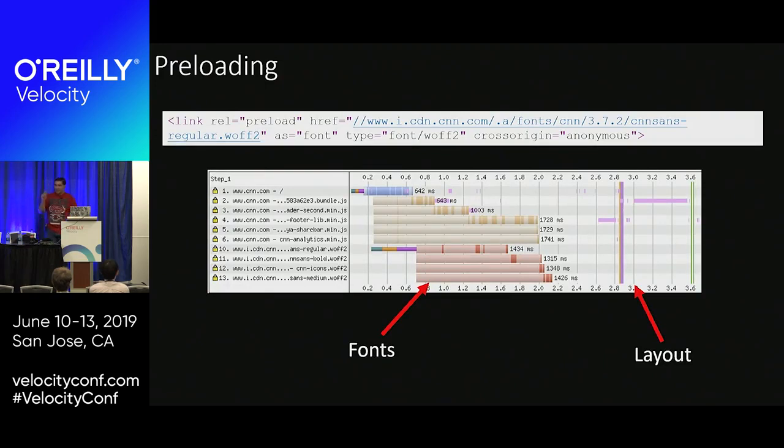Preloading. So we talked a little bit about what you can do for fonts to tell the browser, hey, you really want to load this. By adding link rel equals preload to the document, you can tell it to preload any resource ahead of time and say, hey, you're going to need this. Unfortunately, that's not free. Whatever you're preloading is competing with the resources the browser would normally be loading or needing.